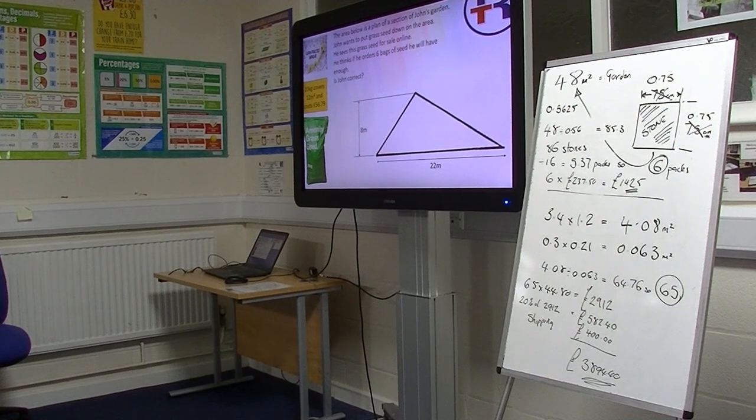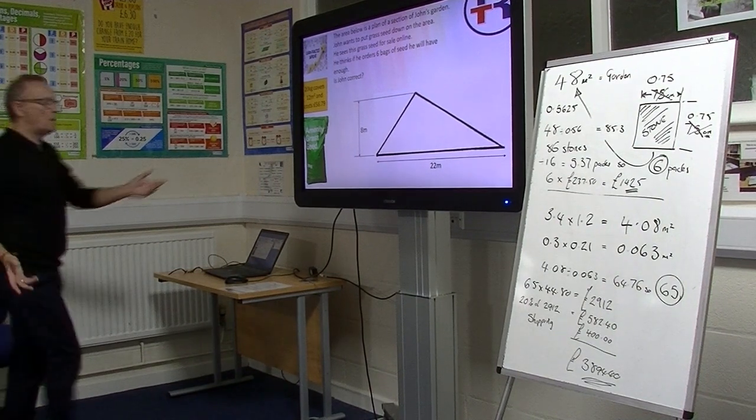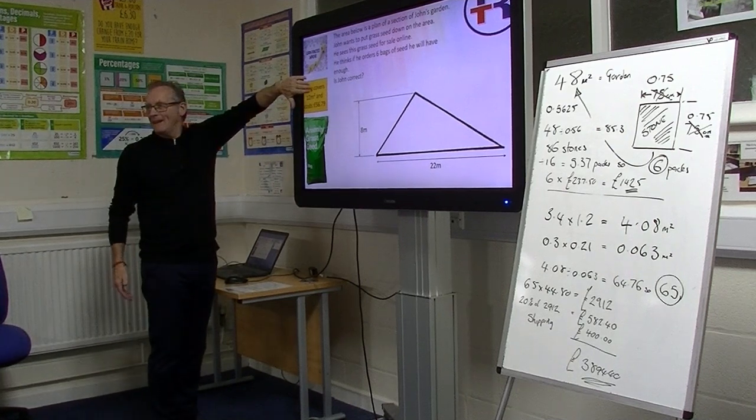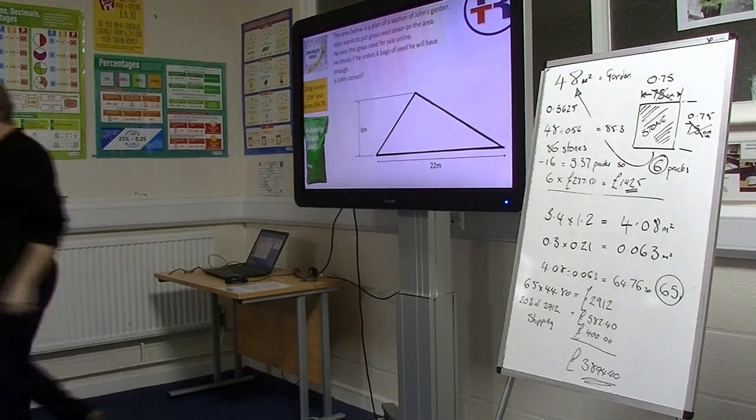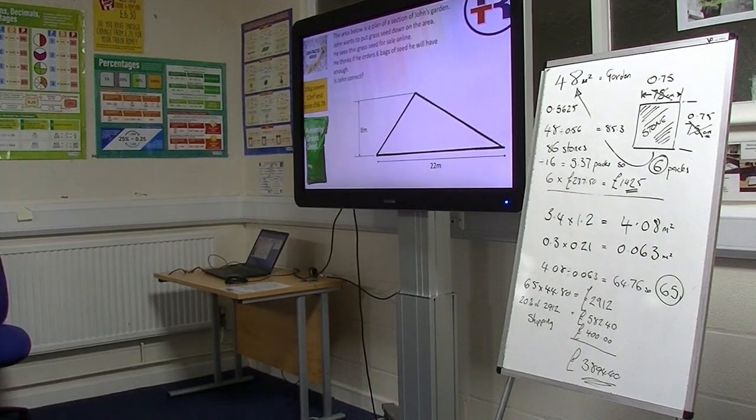We don't need the kilograms, do we? We just need the 12 square metres. Yeah. Well spotted. That's all we need.